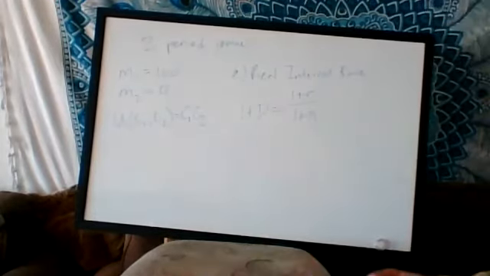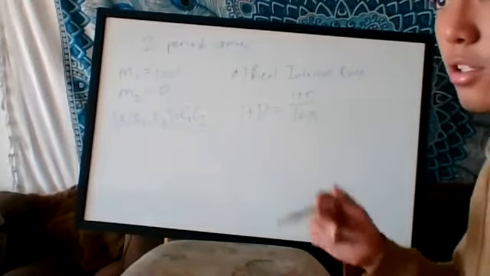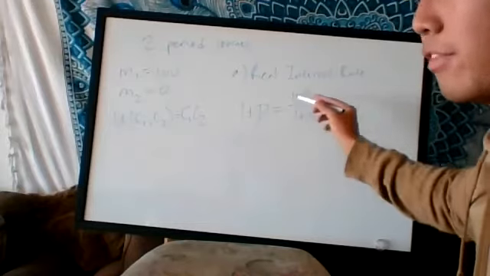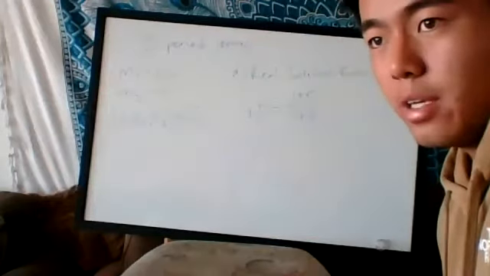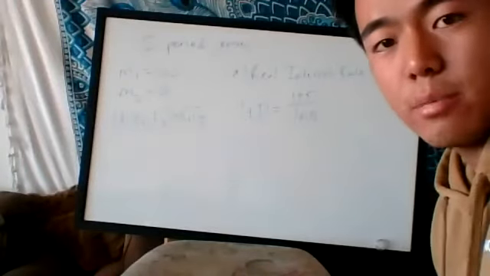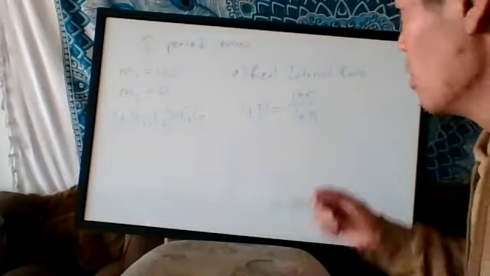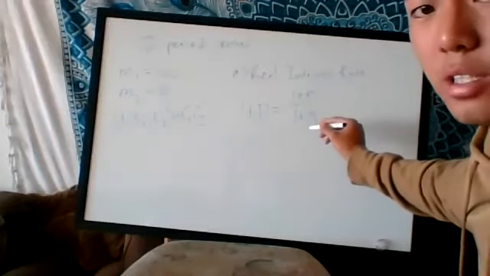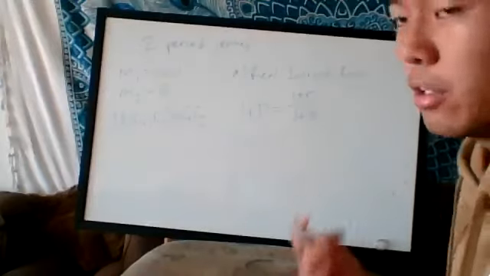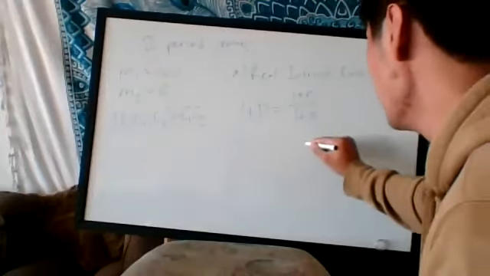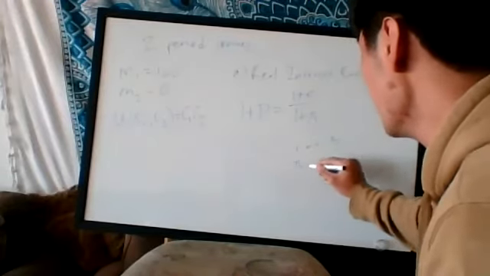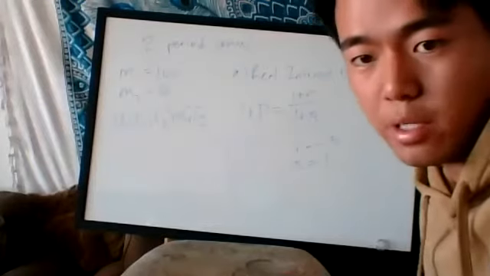And so because of that, you're going to say that your R is negative 50%. Another way of thinking about that is that in period 2, you can buy half as much as what you could buy in period 1, which also means that inflation is going to be 100%. So you can either choose between saying that R is equal to negative 0.5 or that pi is equal to 1. Does everybody understand this?